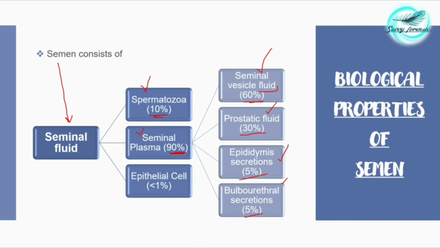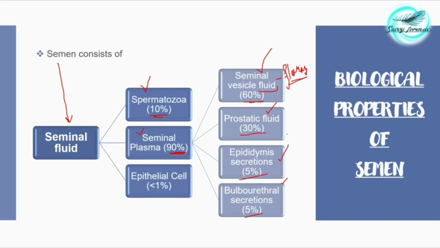Like the seminal fluid, it consists of flavins, which usually give fluorescence when we use alternate light sources for searching of seminal stains. So we get to detect that the particular location consists of seminal stains.